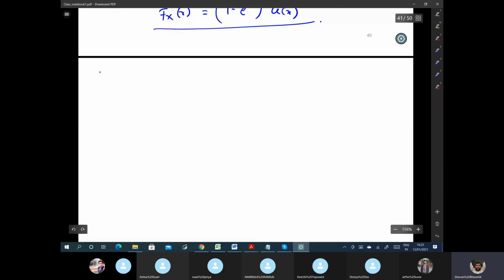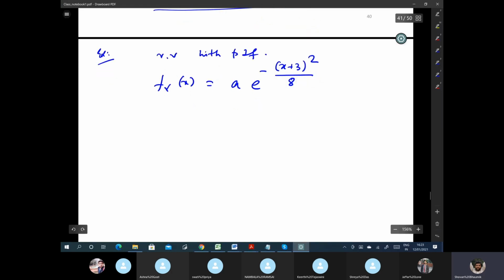So now another example. Suppose we have a random variable with PDF f of x, small x, equal to a e to the power minus (x plus 3) whole square by 8.